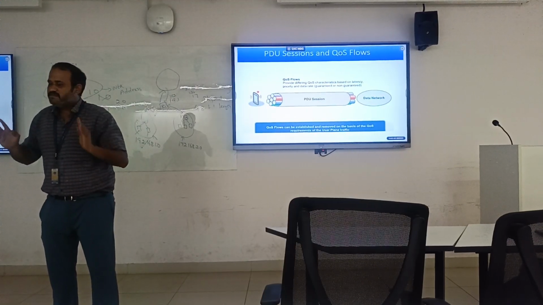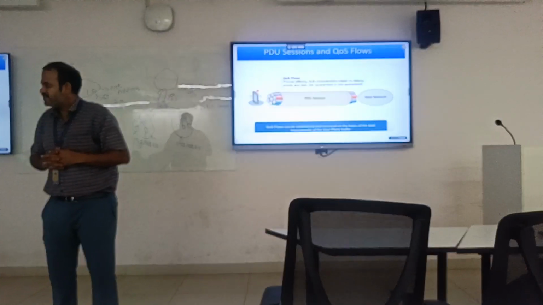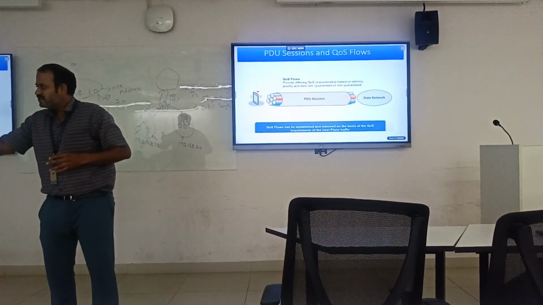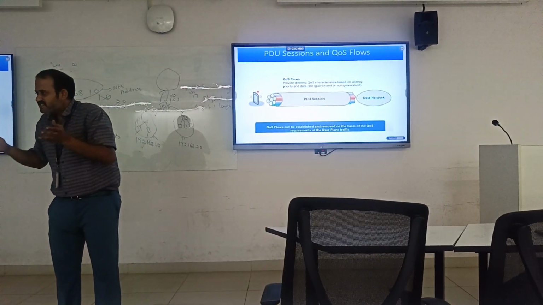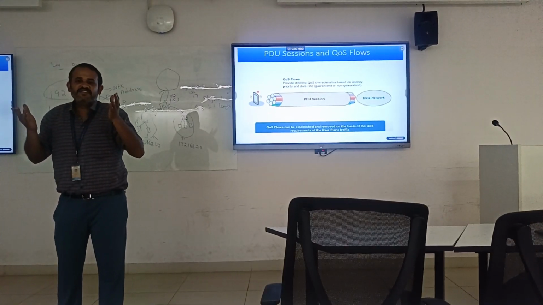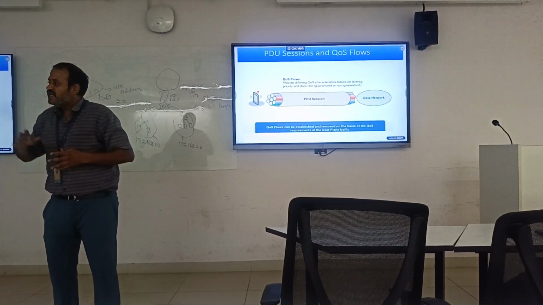The same 100 Mbps will be maintained till the end of the session. So that is guaranteed. A guaranteed amount of data rate should flow till the end of the session. That will be provided, and that is called your GBR, your guaranteed bit rate.